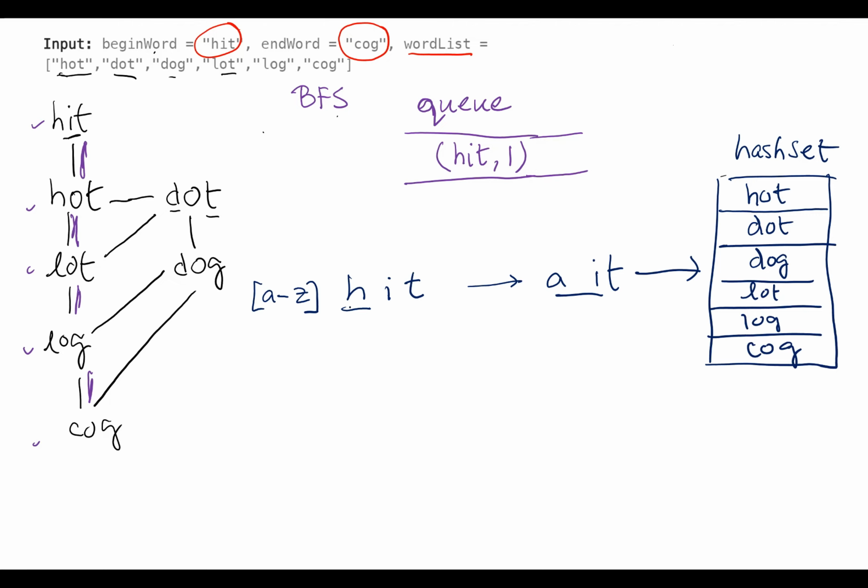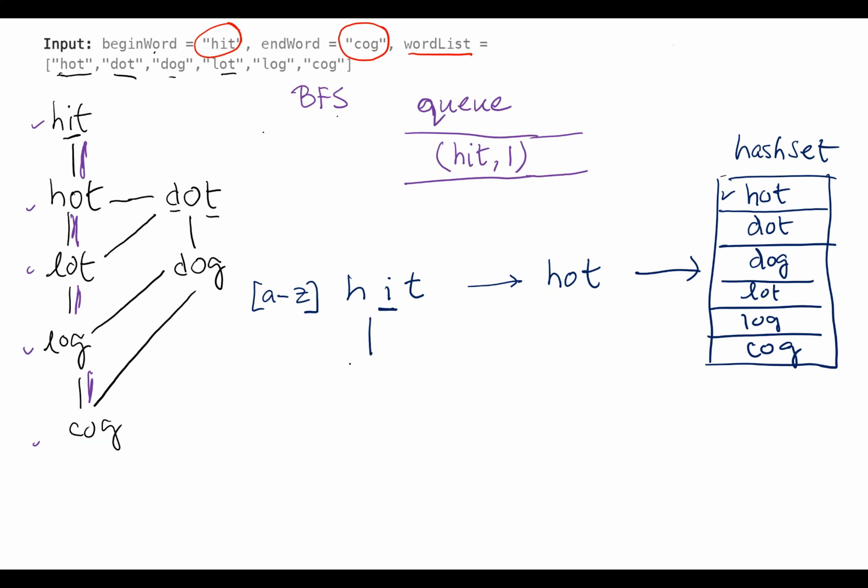And we are trying to change this first character, right? As you can see, none of the first character changes will take me to a valid word. But next time, when we try to change the second character, we'll get something like hot. And hot is obviously a valid word, right?